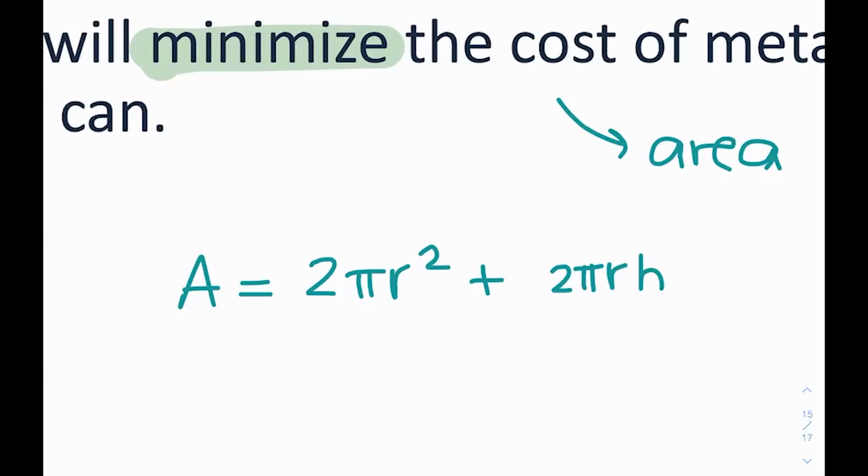Now, notice that this is an equation in terms of 2 variables, r and h, and we do not at all want that for an optimization problem. This area is not changing with respect to time, like in a related rates problem, where we can implicitly differentiate everything with respect to time.